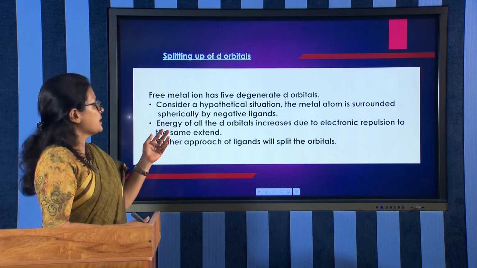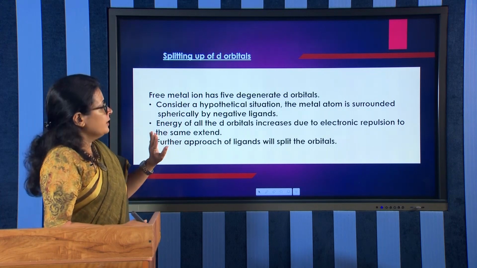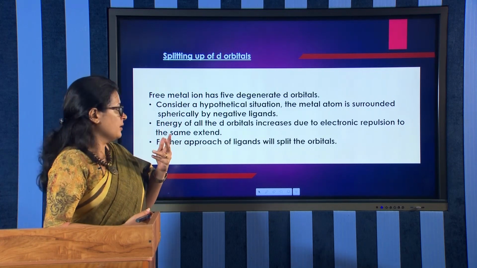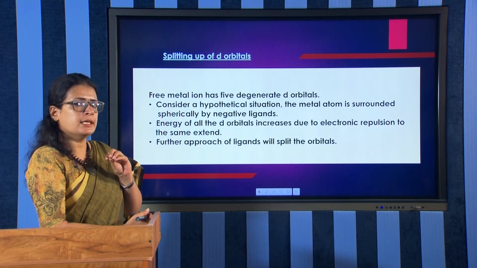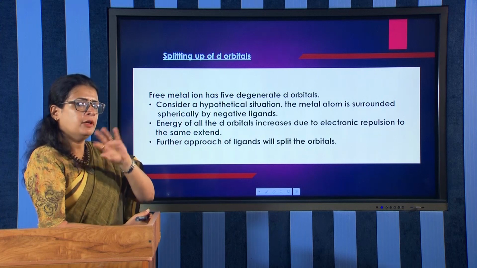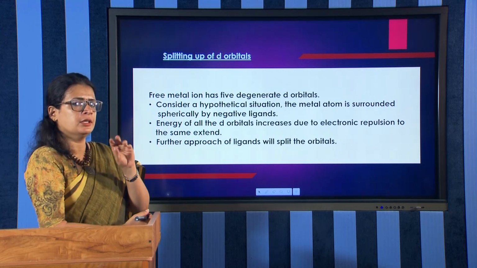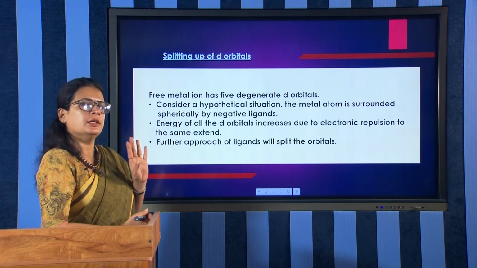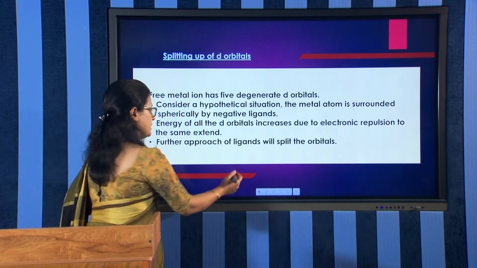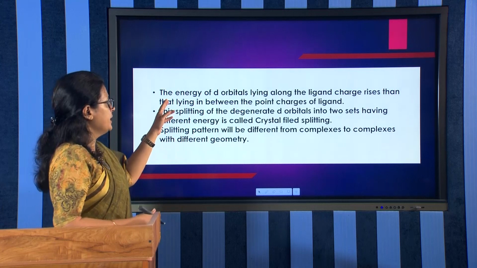It is a hypothetical situation. Further approach of the ligands will cause the splitting of the orbitals. The ligands will approach in a particular fashion, and according to their approach, the d orbitals will split. It will be discussed very clearly in the coming slides.